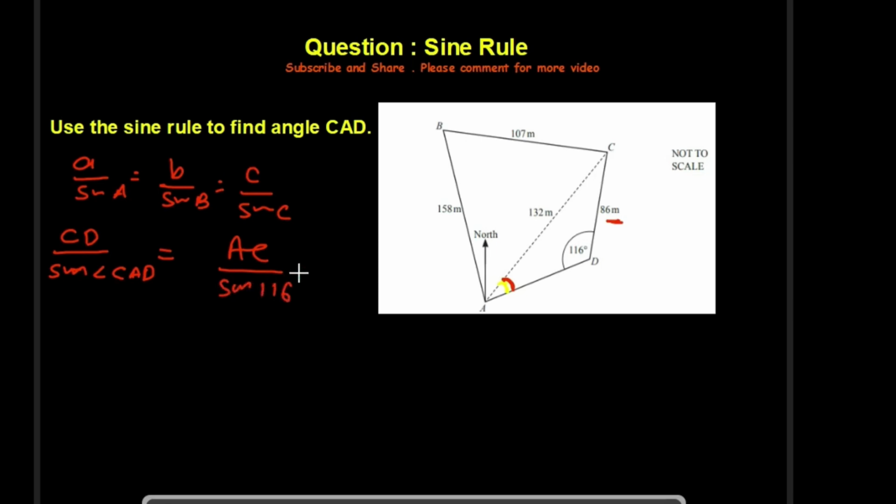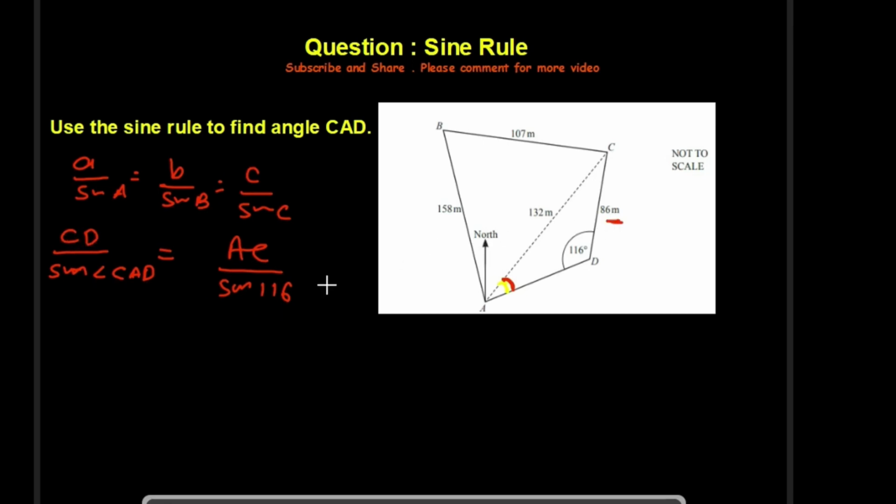Like this way we can write. The third side is not required because it's a relation between two, and we already know two sides. Out of the two, whichever is missing we can identify. So we just have to substitute the values and solve it.